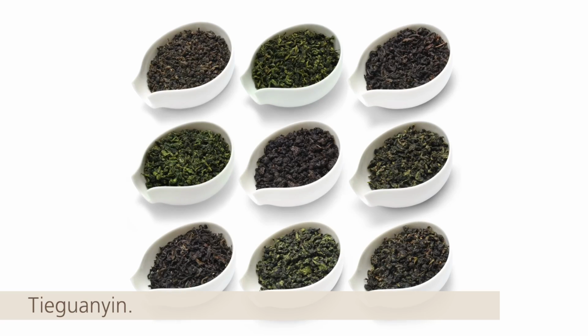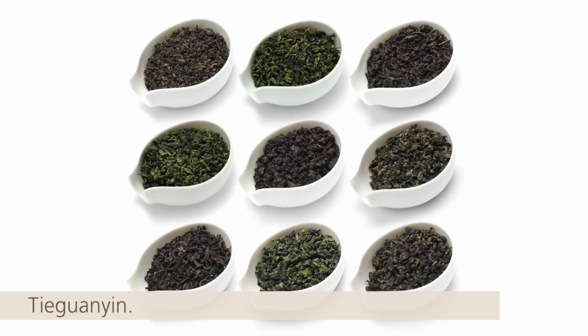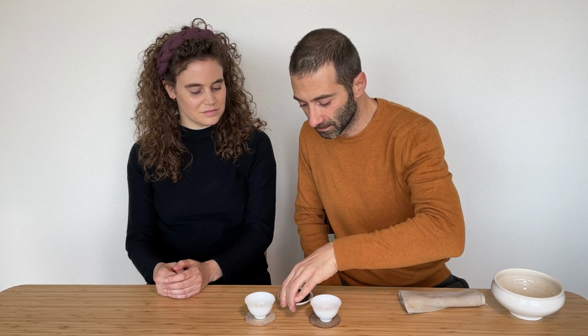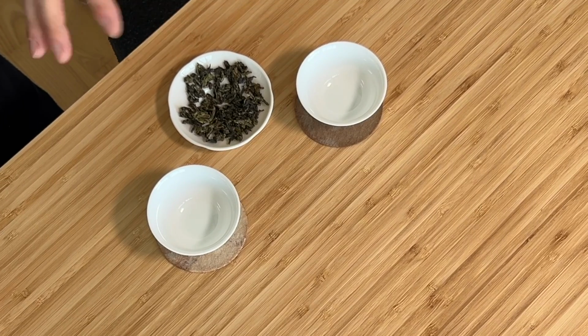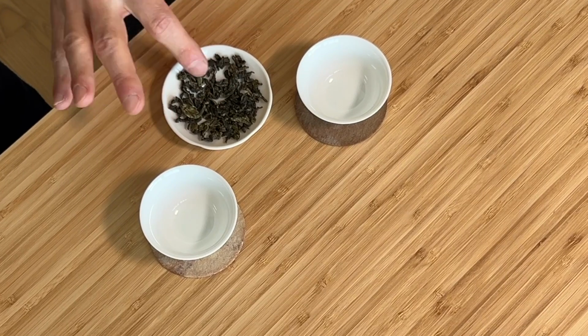In fact, the teas from southern Fujian have a characteristic, very floral, kind of delicate taste. The most famous of all of them is TEAWARE. So often you heard us speaking about the TEAWARE that we have here, and you see it's fairly green. The leaves are really green.